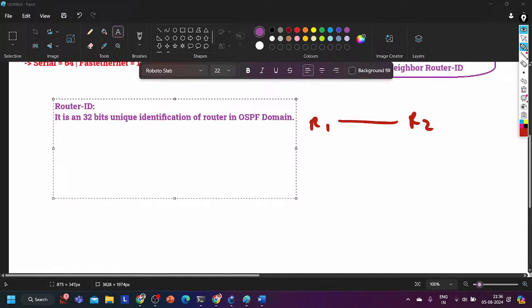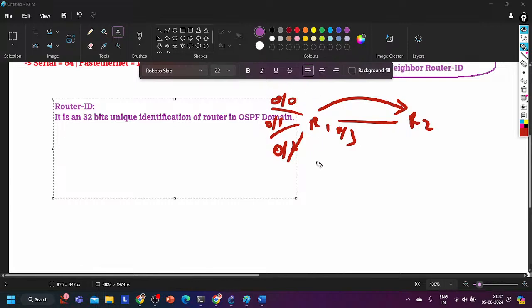As OSPF is a link state routing protocol, router 1 is going to share the state of all its links to its neighbor, router number 2, right? So let's suppose router 1 is connected with multiple links, 0/0, 0/1, 0/2, 0/3. So router 1 is going to share the state of these links to its neighbor, right?